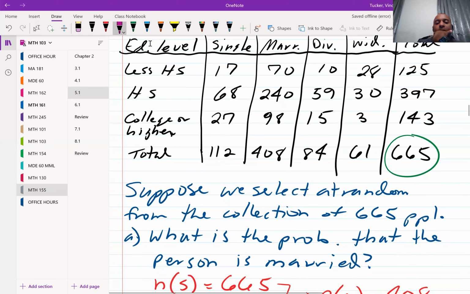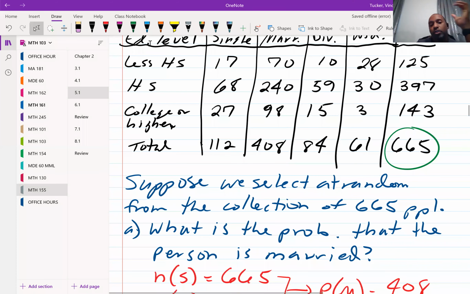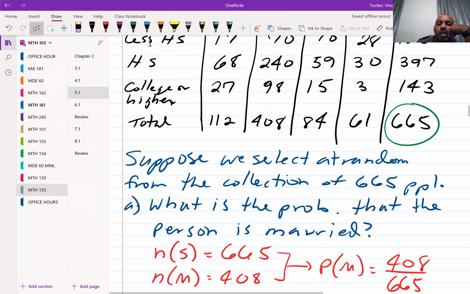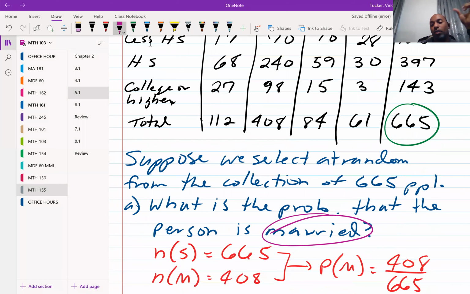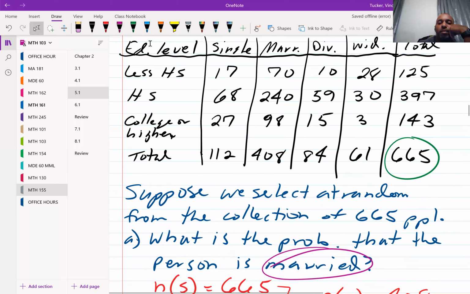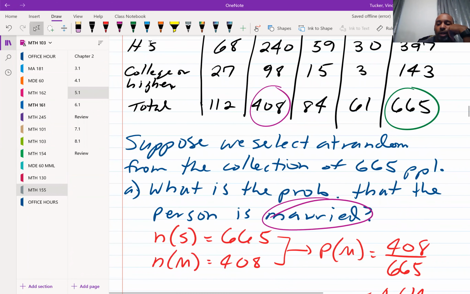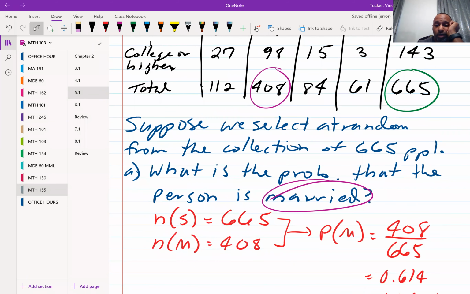All right, scrolling up. The total number of people that we have is 665. That's our sample space. Then the total number of people that are married is the only characteristic we care about, so that's what we're looking for. The total number of people that are married is 408. So we take that 408 and place it over the 665, which is 0.614.